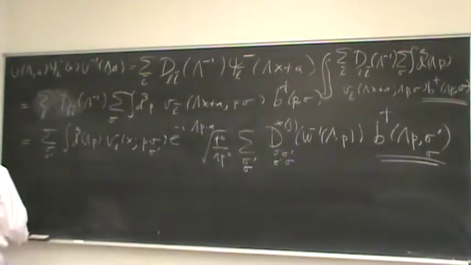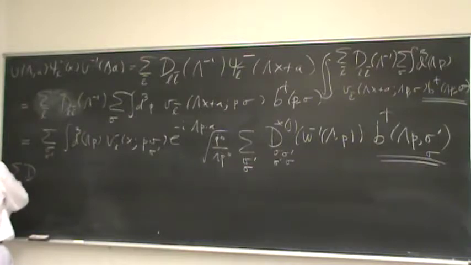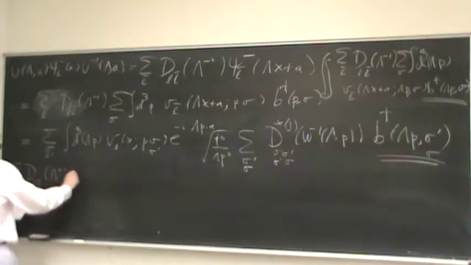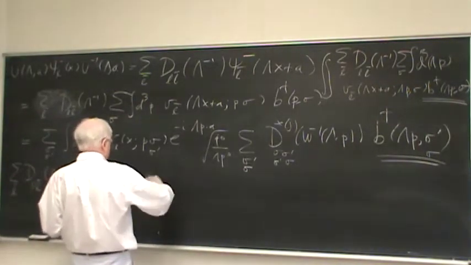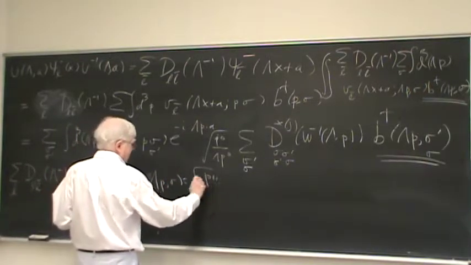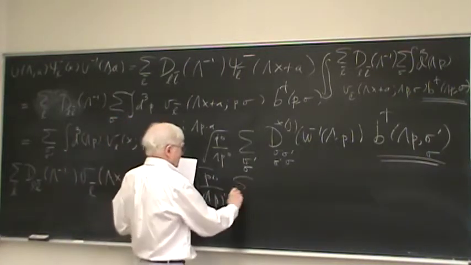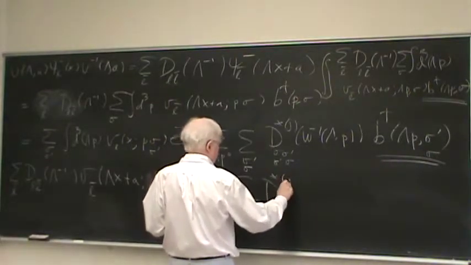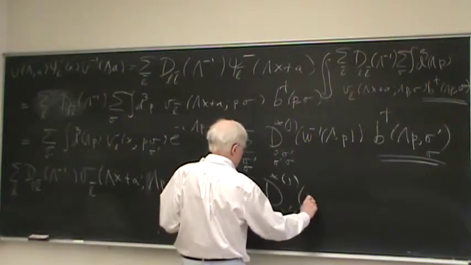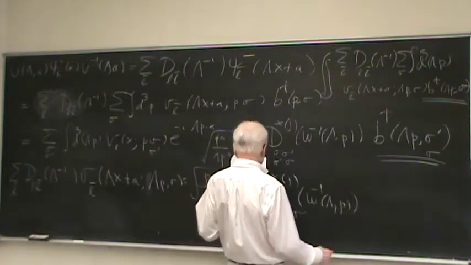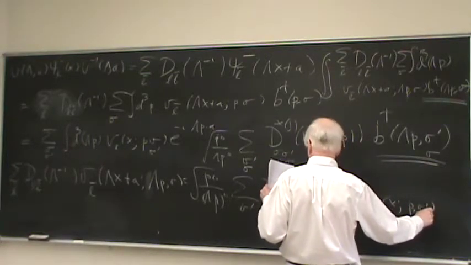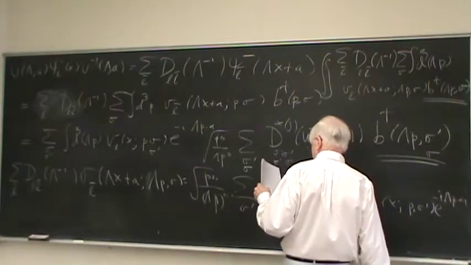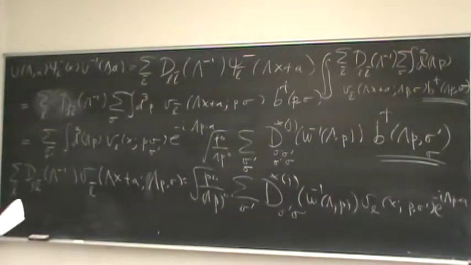And that gives us the equation: sum L bar, dl L bar of lambda inverse, v L bar of lambda x plus a, lambda p sigma is square root p0 over lambda p0, some sigma prime, d star of j sigma prime sigma of w inverse of lambda and p, VL of x p sigma prime, e to the minus I lambda p dot a. Okay, so that's for the B daggers.